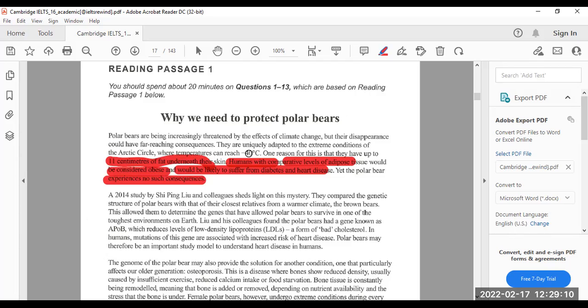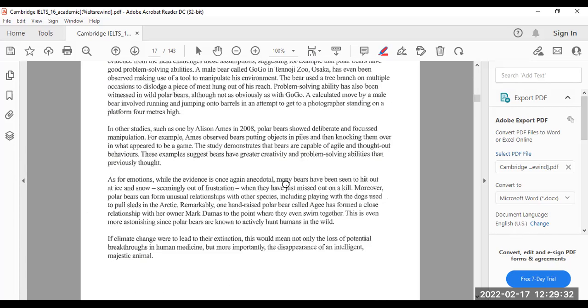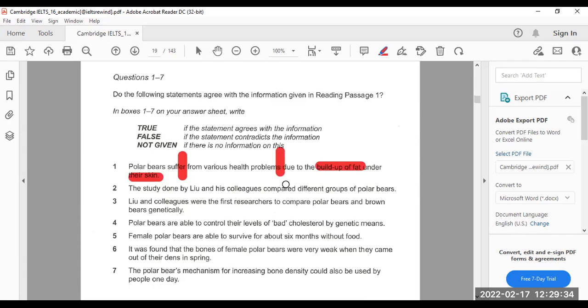So what do we understand? It has fat under its skin is true, but humans with comparative levels of adipose tissue would be considered to suffer from diabetes and heart disease, and polar bears experience no such consequences. So the given statement is said to be false. You understand?